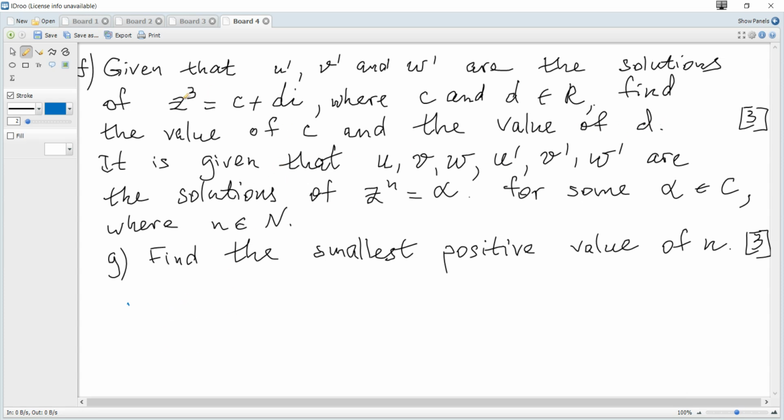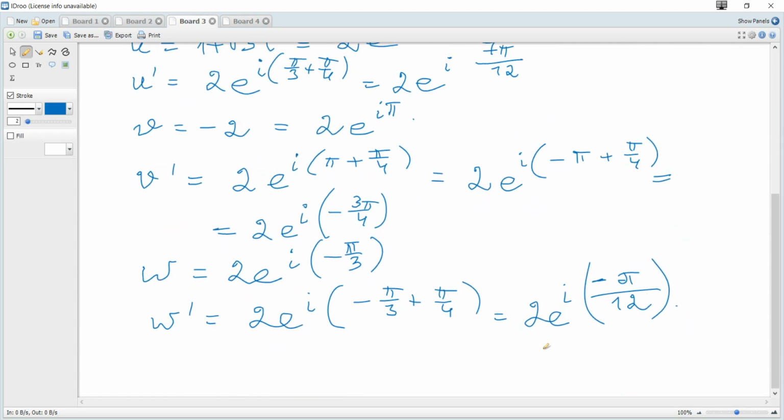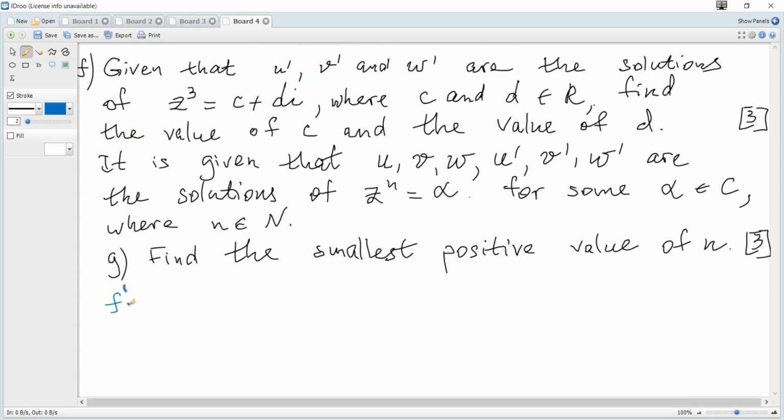So since something is a solution, definitely if we substitute it for z, it must be true, and we can choose U', V', or W', it doesn't matter, but since it's cubed, I see that it will be easier to use W', so we can say that W' cubed is c plus di.